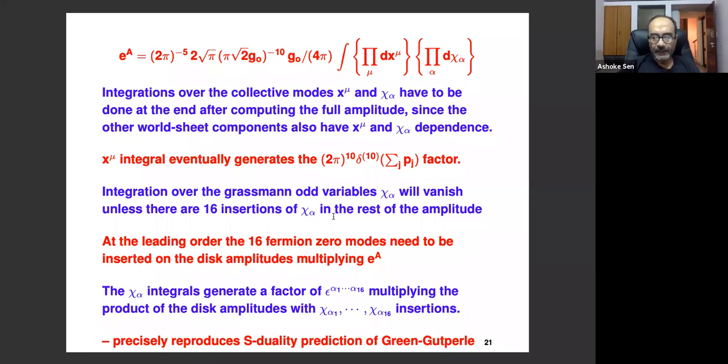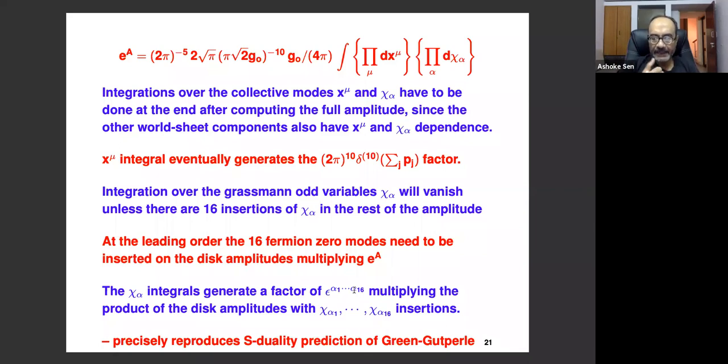So what we learned from here is that it's not enough to calculate just the product of disk amplitudes. We have to insert the 16 chi alpha zero modes, 16 fermion zero modes, as vertex operators on the disk amplitudes. Do that computation first, and then after that, you can do the chi alpha integral. Because when you do the chi alpha integral with these insertions, you get this factor of the epsilon symbol, and that has to be contracted with the disk amplitude.